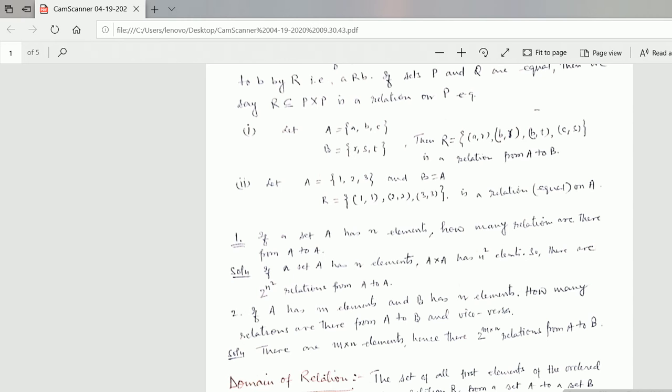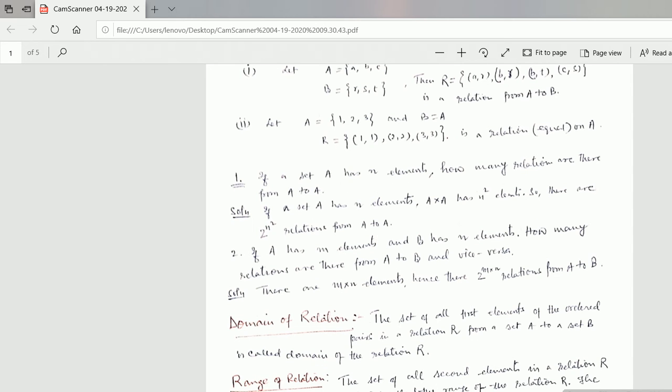Then R showing (a, r), (b, r), (b, t) and (c, s) is a relation from A to B. This shows the relation. Second one: let A equal 1, 2, 3. So R equals (1, 1), (2, 2), (3, 3) is the equality relation on A.